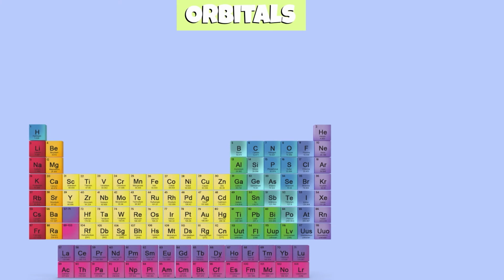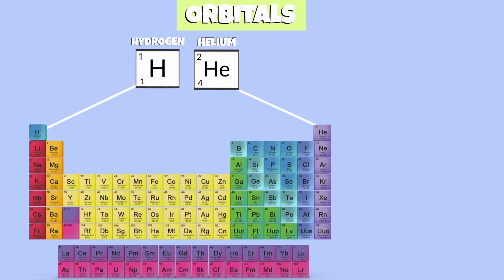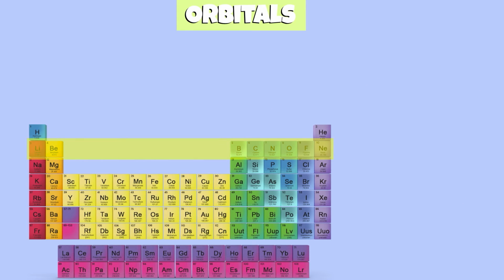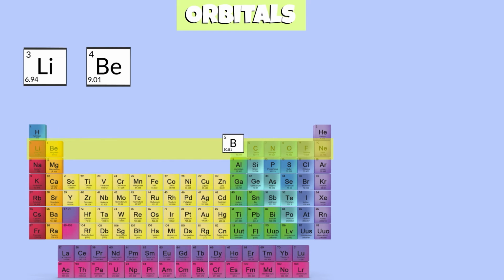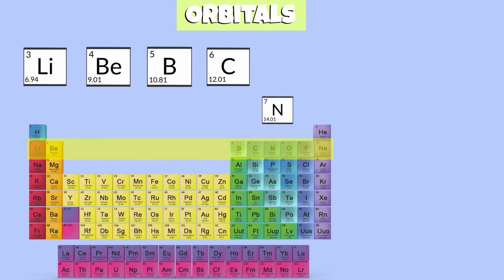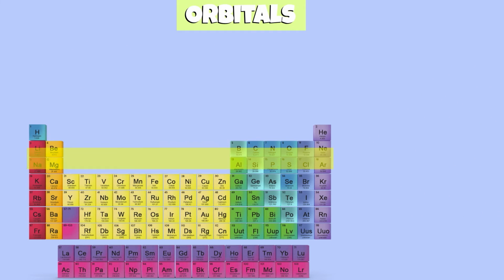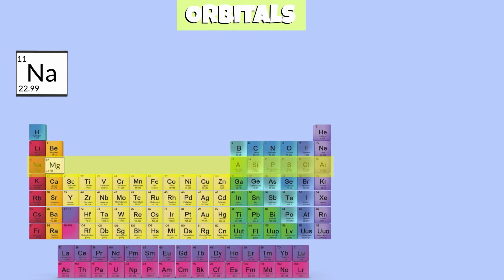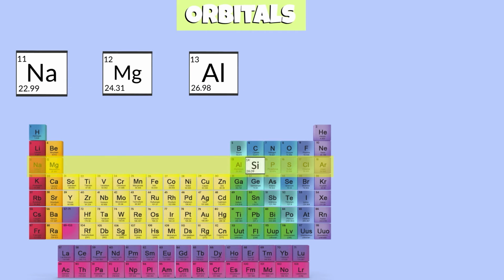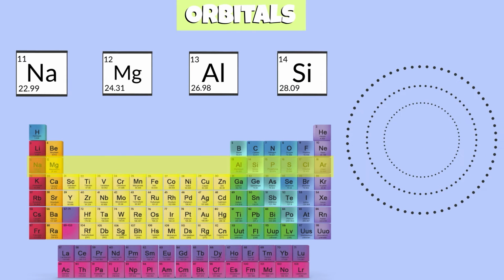For example, hydrogen and helium are listed in the first period. Both hydrogen and helium only have 1 orbital or 1 shell. The elements in the second period, such as lithium, beryllium, boron, carbon, and nitrogen, all have 2 orbitals. The elements in the third period, such as sodium, magnesium, aluminum, and silicon, all have 3 orbitals.